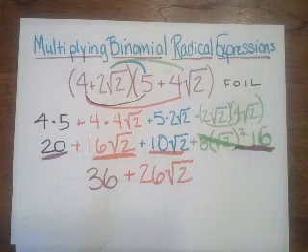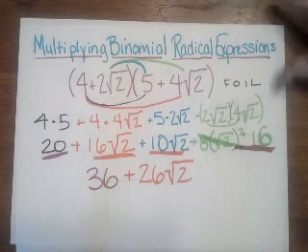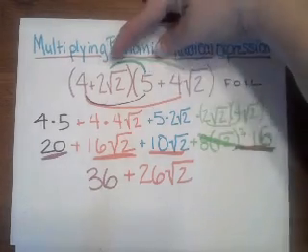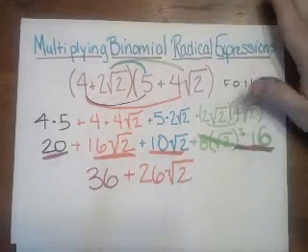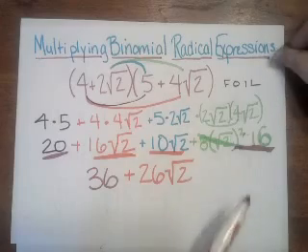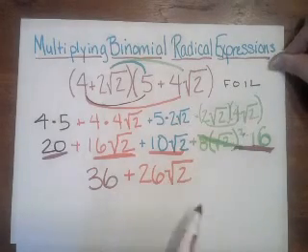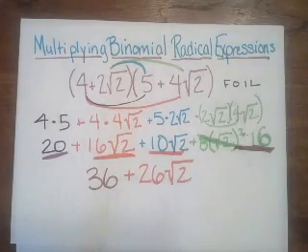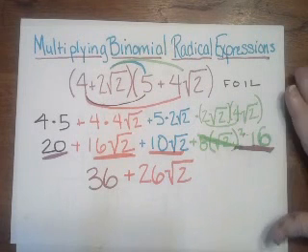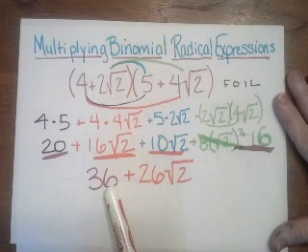And then I have a new binomial that is the simplified version of the multiplication. So when I multiply these together, I can use what I've used before with the FOIL, along with what I've learned about combining like radicals and squaring radicals, and I can come up with a simplified expression.